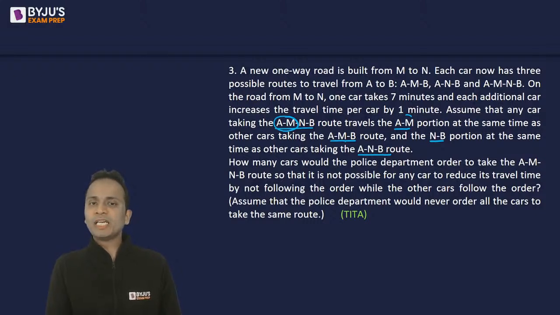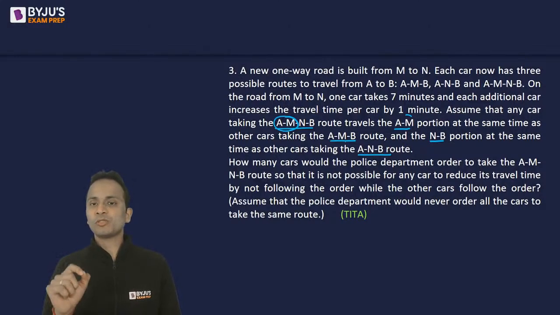Now the question is, how many cars would the police department order to take the AMNB route so that it is not possible to reduce the travel time? So how many cars will this new route take?